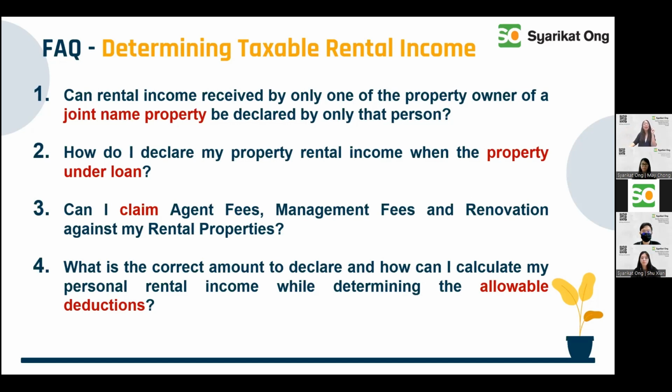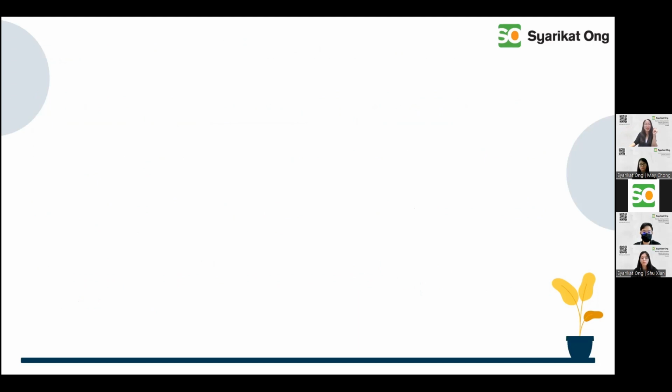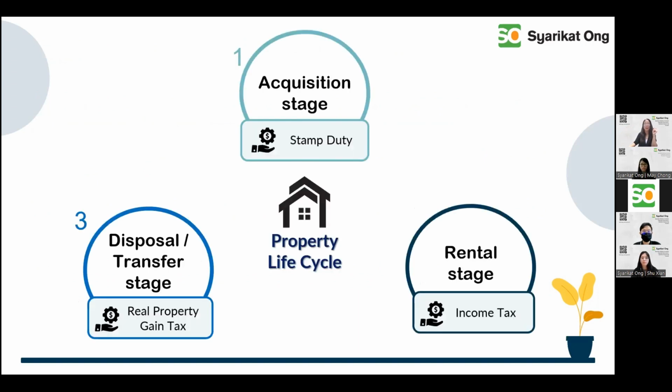Okay. Now, on determining taxable rental income, we wanted to just let everybody know property is, I would say, one of the highest taxed transactions. Okay, 2024 may be a bit different because Malaysia is going to introduce capital gain tax on unlisted company shares, so that will be another topic to talk about.